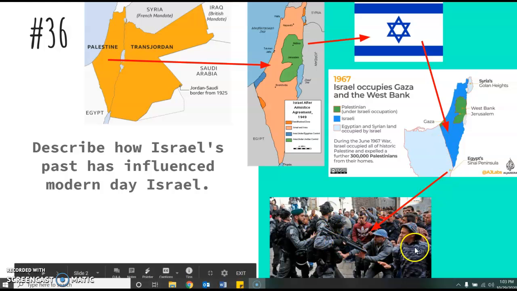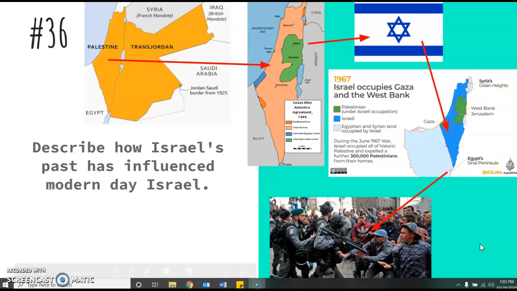And then you'll see in this last picture here, one of the ways in which that past has influenced modern day Israel is it is a country that has had a lot of fighting between the Palestinian Arabs and the Israelis. Those are the 2 groups that have primarily fought with each other over how this country is governed, who has rights in the country, where people should live in the country, and who gets to occupy the land. And the history of Israel, the past of Israel, has played a role in that.